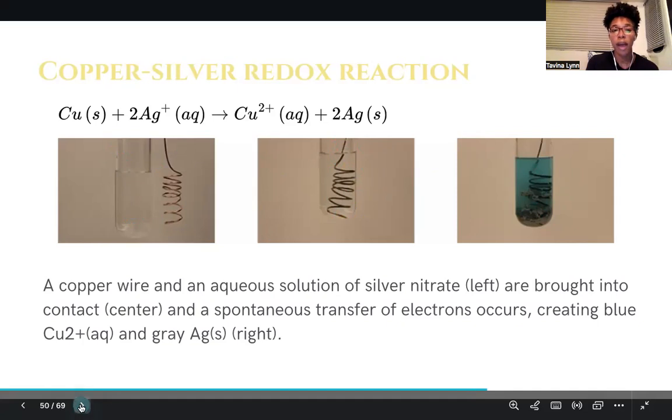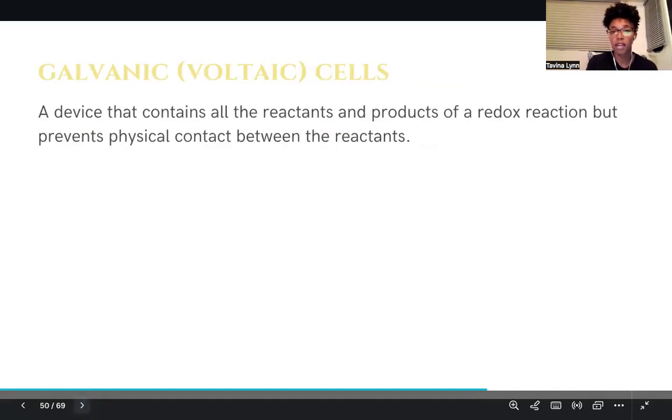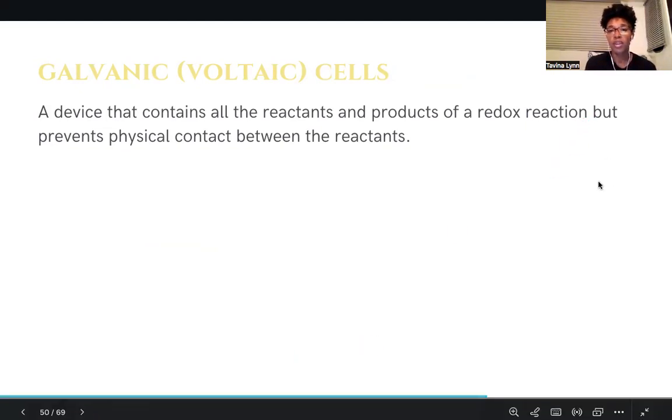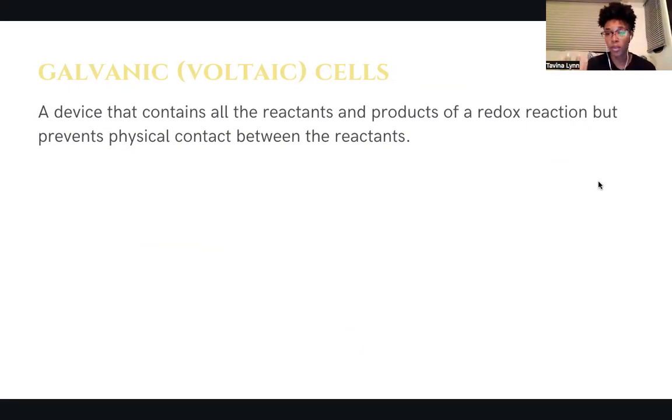So if we thought about how we would do this in a galvanic cell, let's talk about what a galvanic cell is before we look at that particular reaction in one. You'll also hear the term voltaic cells. I just want you to know that they mean the same thing. I will consistently use the term galvanic cells.